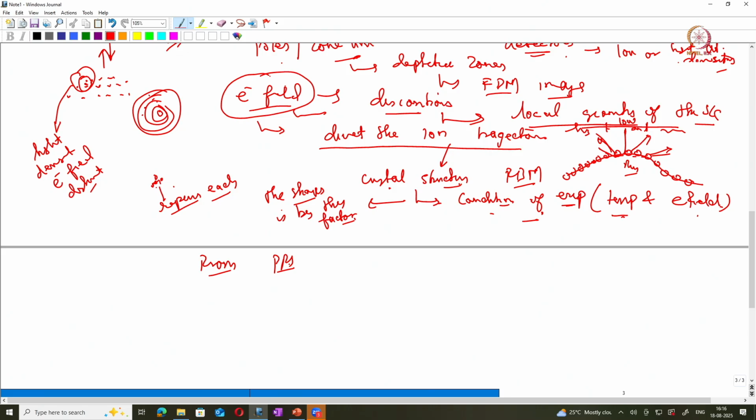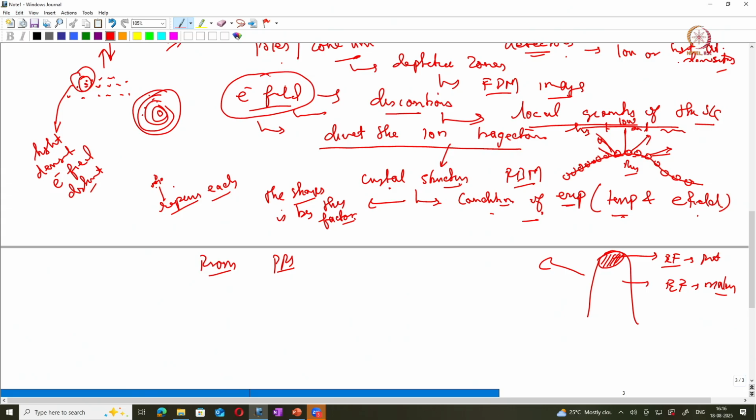If in your matrix, in your needle specimen, there is a precipitate at the apex of the needle specimen, and the evaporation field of this precipitate is different from the matrix, then this also can give rise to trajectory aberrations.